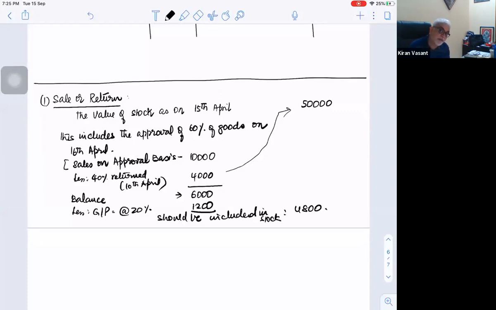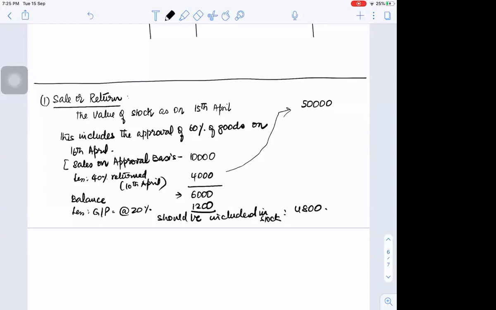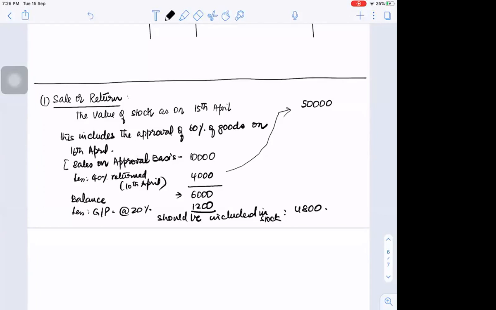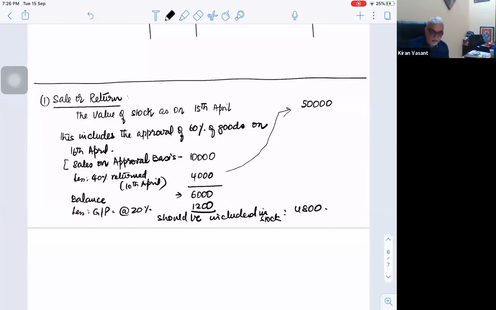In the previous problem, we are trying to find out the profit. Now you just want to know what is the stock that you own on 31st of March. Is that clear? Yes, sir. So it won't make a difference if the sales amount will differ. No. I only want to find out the cost of the goods as on 31st of March. Yes, sir.